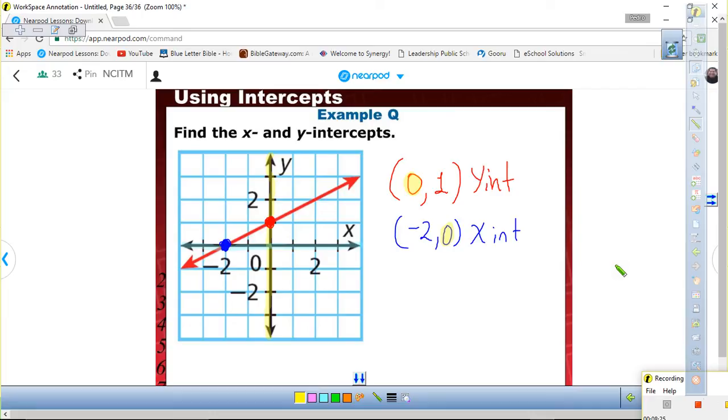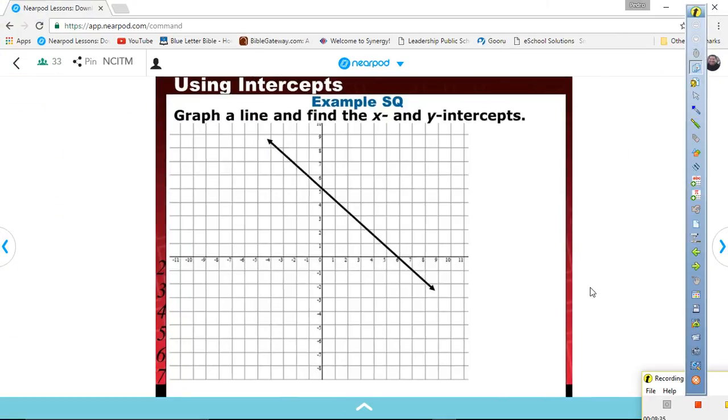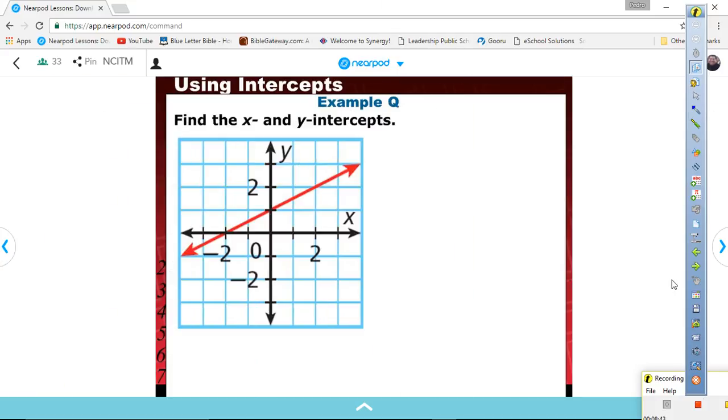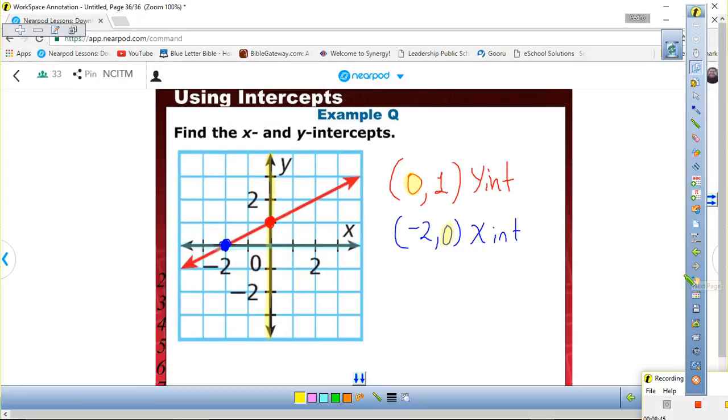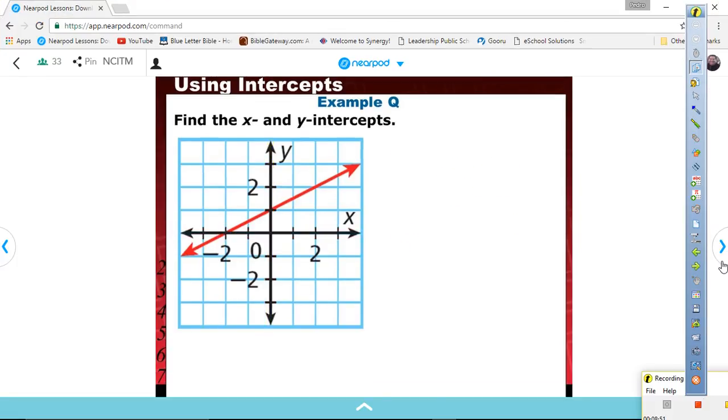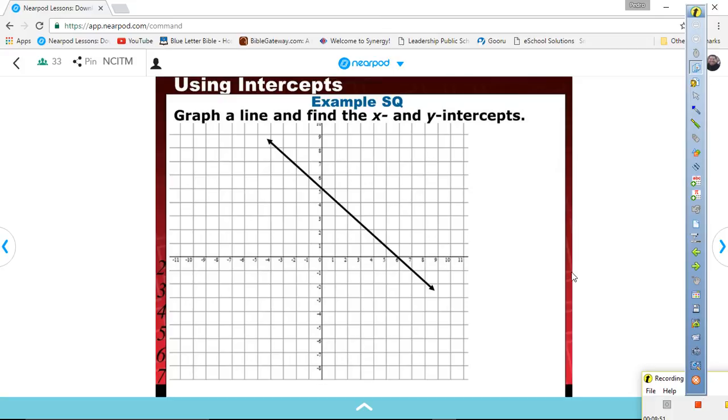Let's go over example super Q. I want you to get your red pen or a red marker, place the point where the line crosses the Y-axis and give me a coordinate and label it, please.